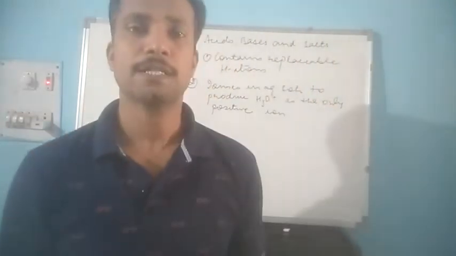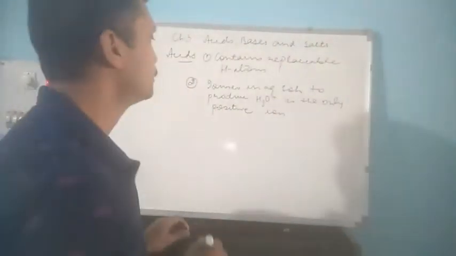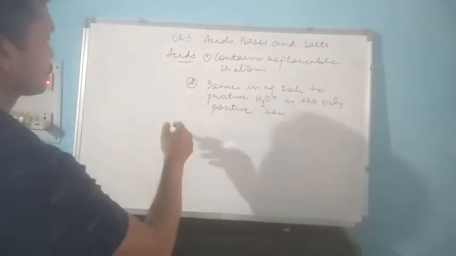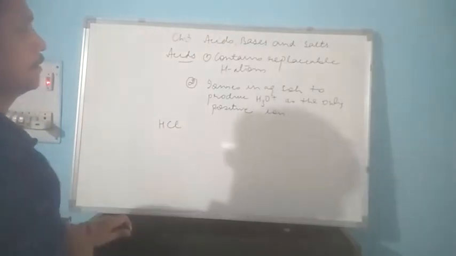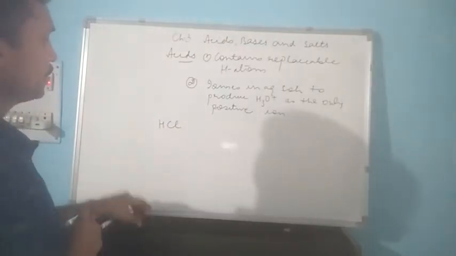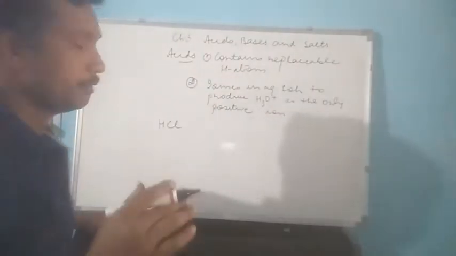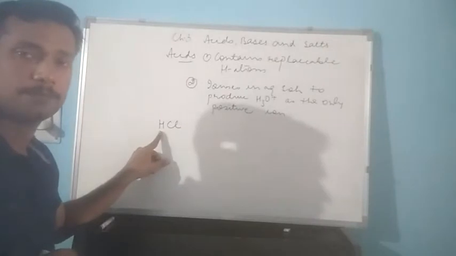Let us try to understand this with the help of an example. Suppose we have HCl, hydrochloric acid. Now you can see in hydrochloric acid the first condition is already fulfilled, which says that it should contain replaceable hydrogen atom.